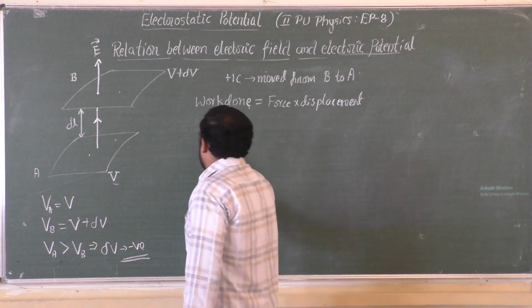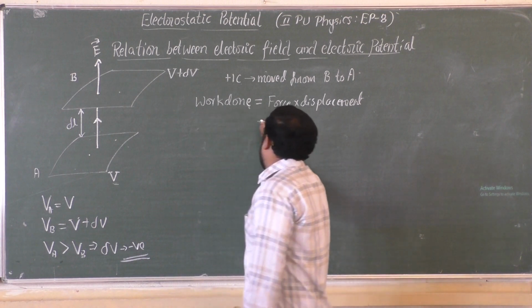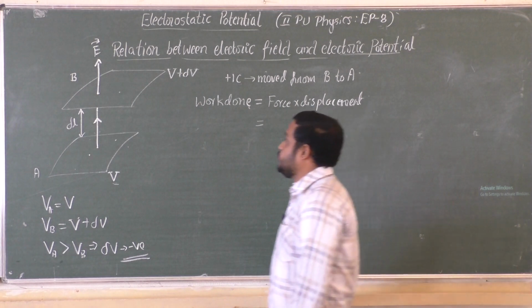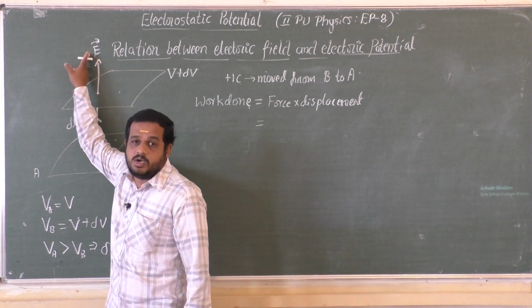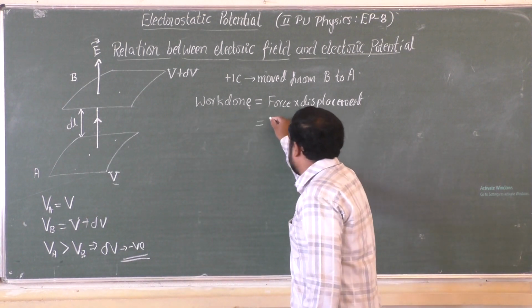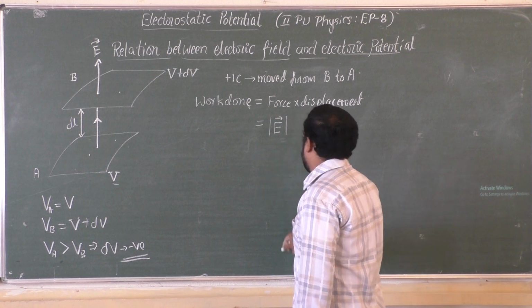Now, what is the force? It is the external force. Magnitude wise, that external force must be equal to the electric field, that is force per unit charge. So, the magnitude of force is nothing but the magnitude of the electric field.